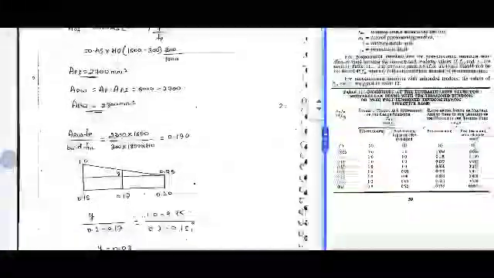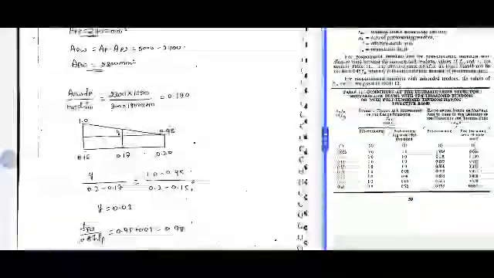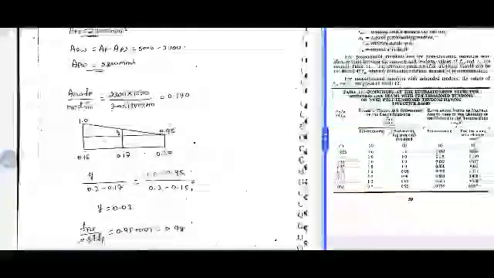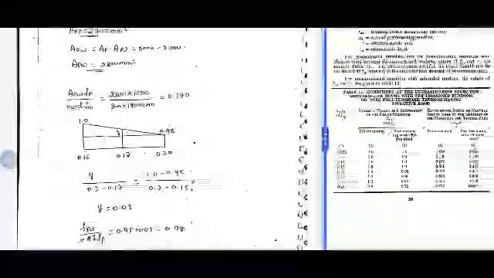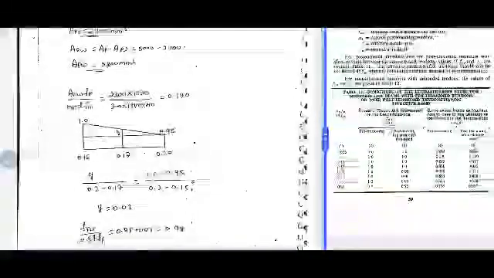So for that area of steel we need to find out new effective reinforcement ratio by considering web dimension, web width, APW FP by BW D FCK. On simplifying we will get 0.17. So again new value of FPU and XU by D we need to find out. For 0.17 it lies between 0.15 and 0.2.